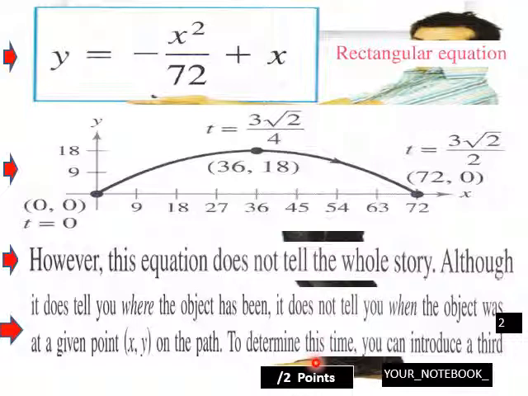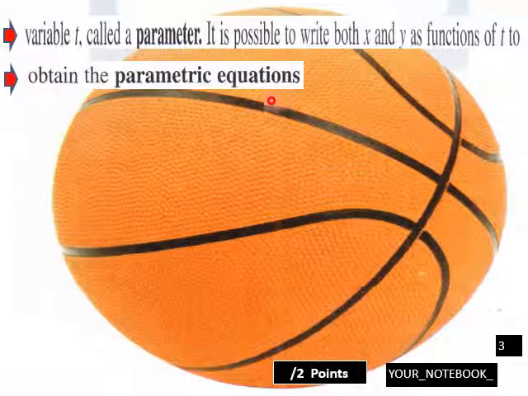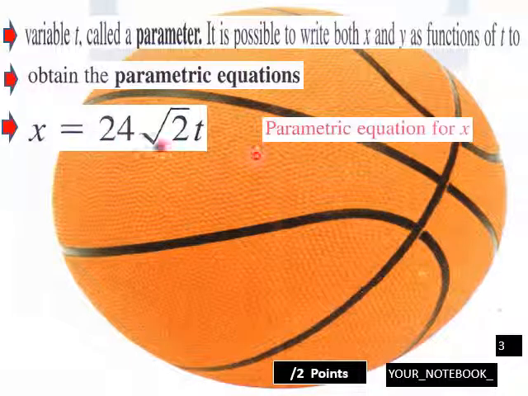To determine this time, you can introduce a third variable t, called a parameter. It is possible to write both x and y as functions of t to obtain the parametric equations. So we need a parameter. So the parametric equation for x, for example, will be x equals 24 times radical 2 times t.